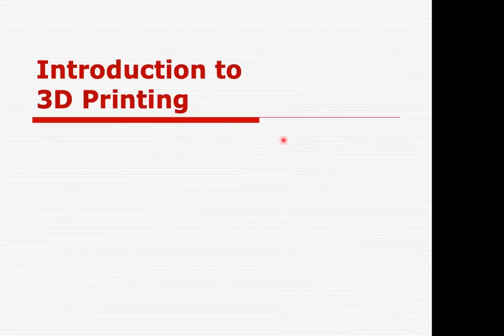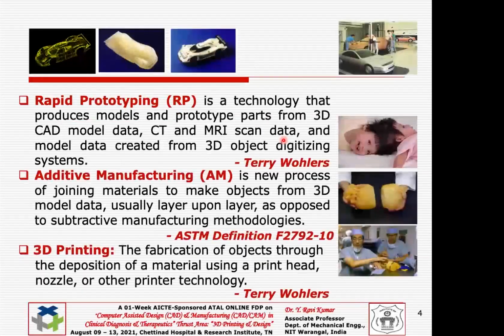This session begins by introducing, first of all, the 3D printing technology. You may be coming across different names, right from rapid prototyping. Rapid prototyping was the former name of this 3D printing technology, which started in the late 80s and early 90s.